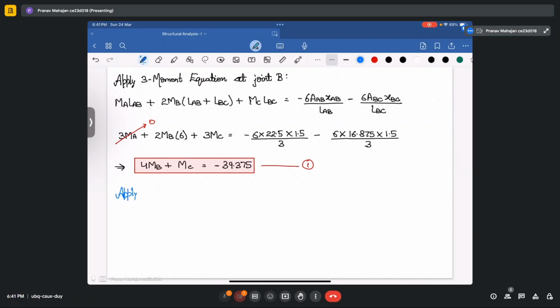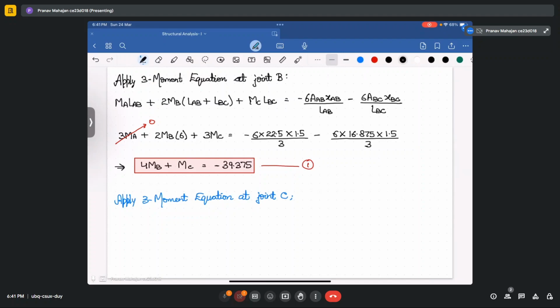bending three moment equation at joint C. So apply three moment equation at joint C. What you will get?